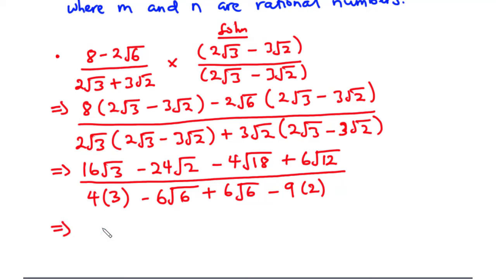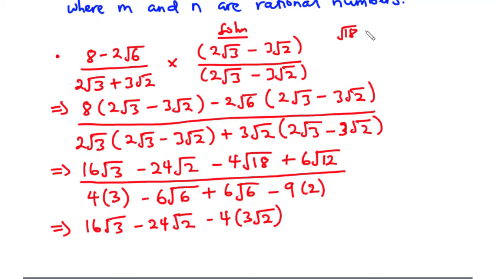So we have 16 root 3 minus 24 root 2 minus 4, and then root 18 is 3 root 2. So root 18 is equal to root 2 times root 9, and then root 9 is 3, so we have 3 root 2.